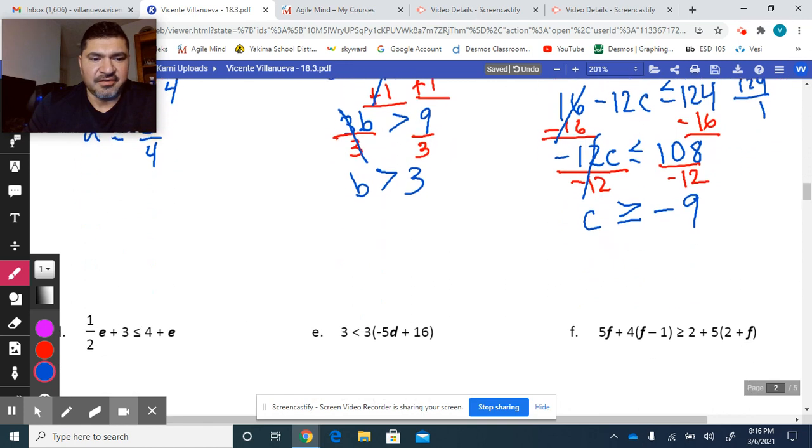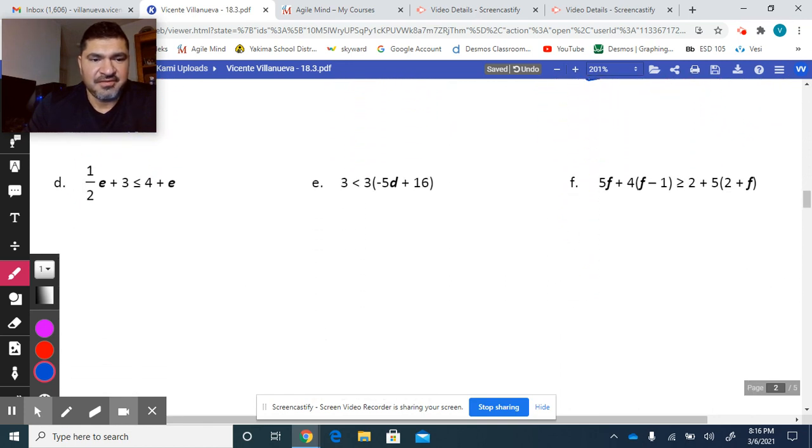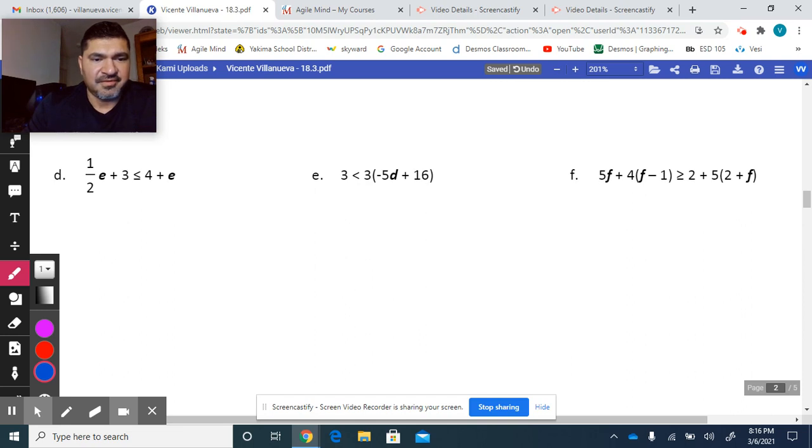Okay, let's go ahead and take a look at the next question here. These are all kind of the same. I want to get to one where we end up dividing or multiplying by a negative. So I'm going to look at letter E, see if we have to do that here. Okay. So I'm going to go ahead and start my problem out. I've got 3 is less than.